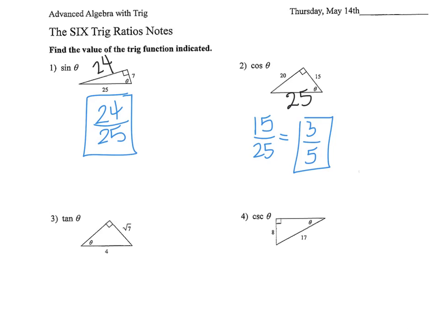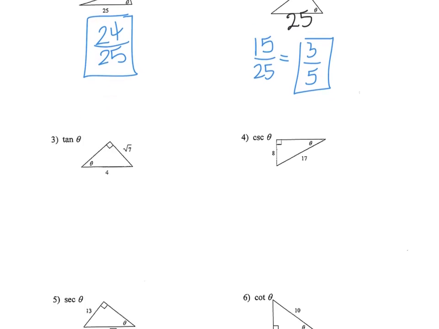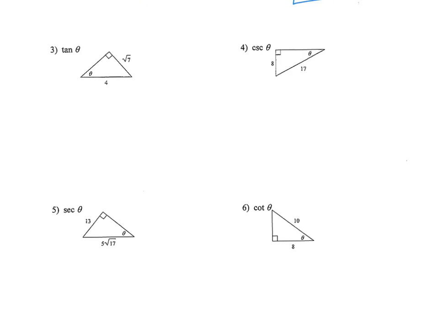Now how about the third problem? I need tangent. SOHCAHTOA says that's opposite over adjacent. I need to find the adjacent side here. Use the Pythagorean theorem. Radical 7 squared plus x squared equals 4 squared, and you get that the adjacent side is 3.